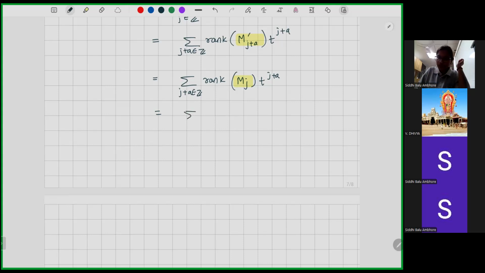A is just some fixed number, so I can take t power A common.